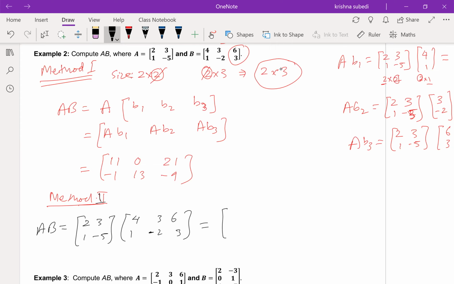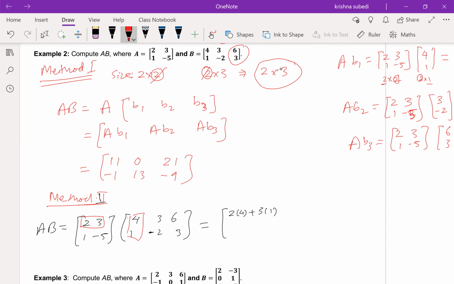Okay, let's do that. Row is 2 times 4 plus 3 times 1, sorry. Row with column. So we take this row here, multiply with column, this one. Okay, we got that. Now the same row with the second column.